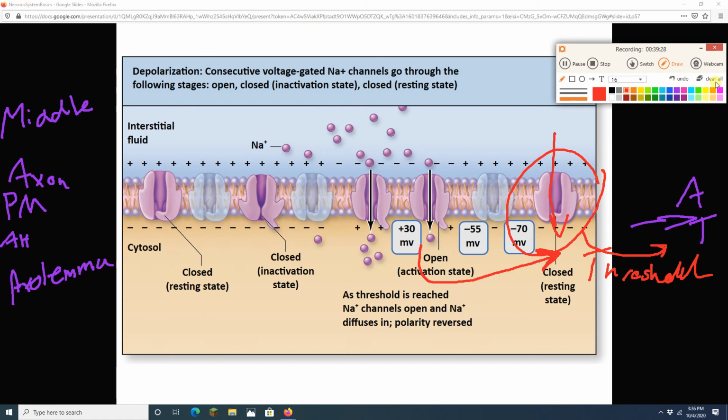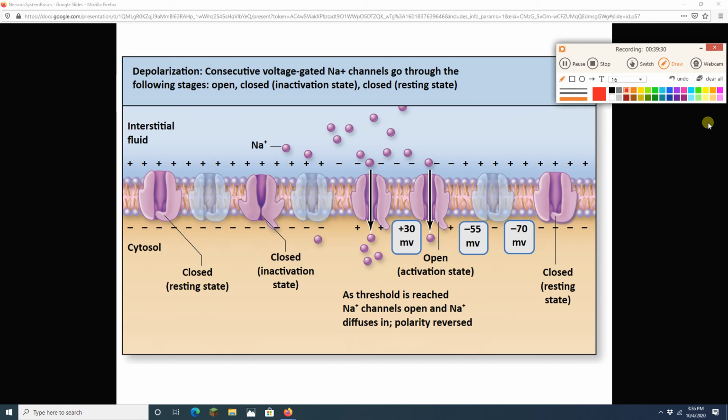Fantastic. But I got a problem here. Remember that we depolarized this spot right here? And I said the depolarization spreads this way? Remember that? And opens this guy? Does the depolarization know that this is the right way to go? That the axon terminal is down here somewhere?